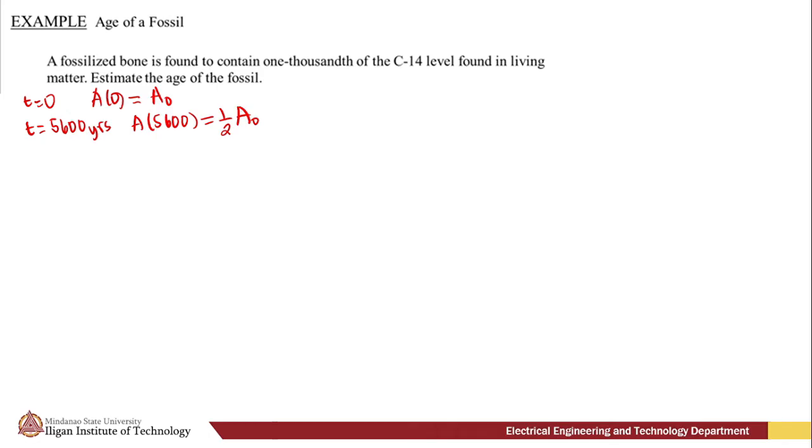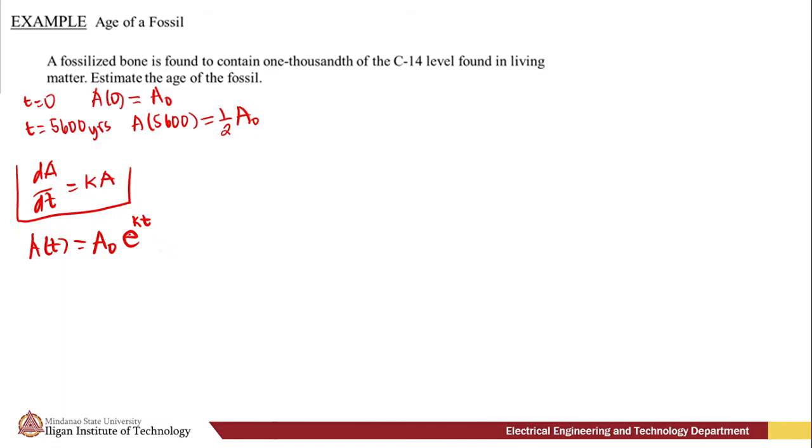For this one, it is an example of a decay problem. So we can use the differential model dA over dt equals kA. We already know the solution for this kind of differential equation, which is A of t equals A sub 0 e raised to kt.